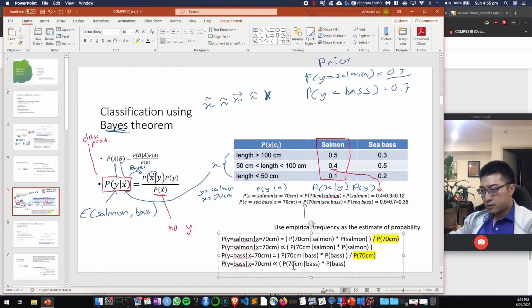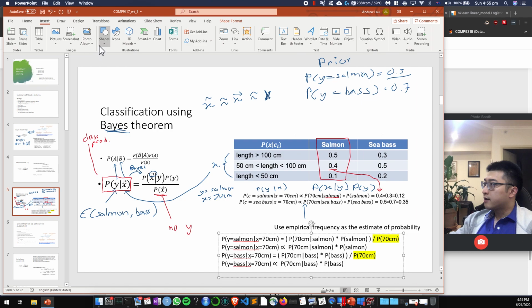Sorry. Let's get rid of these brackets. Okay. Yeah. But if you do want a true probability, you'd have to scale it by this p of x, probability of x, sorry, at the bottom in the denominator.